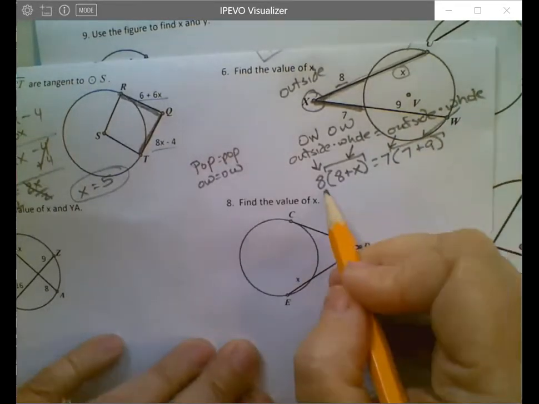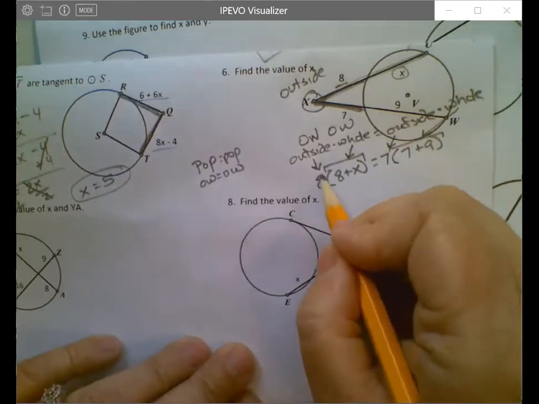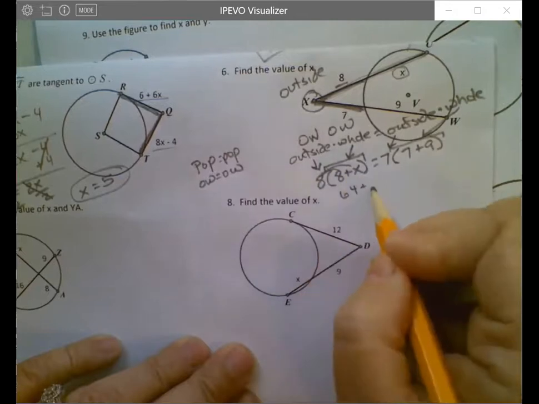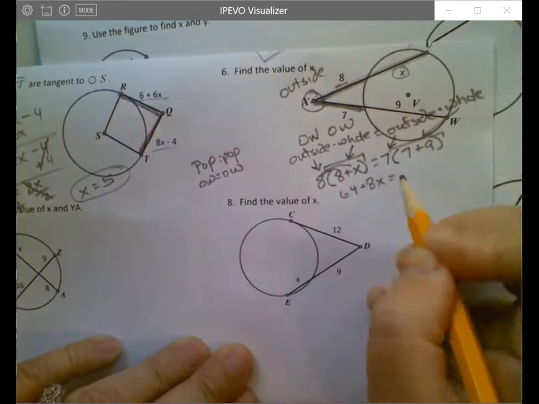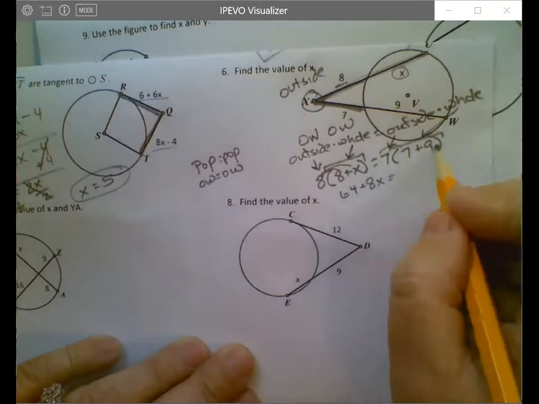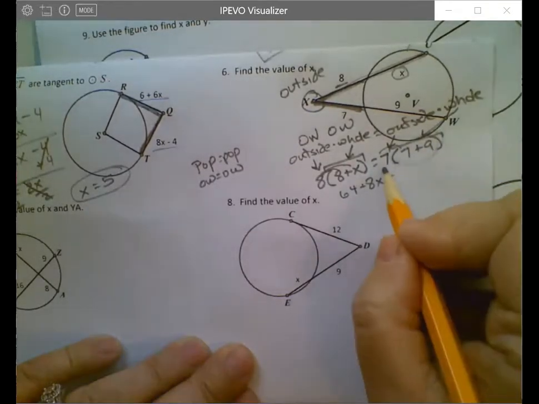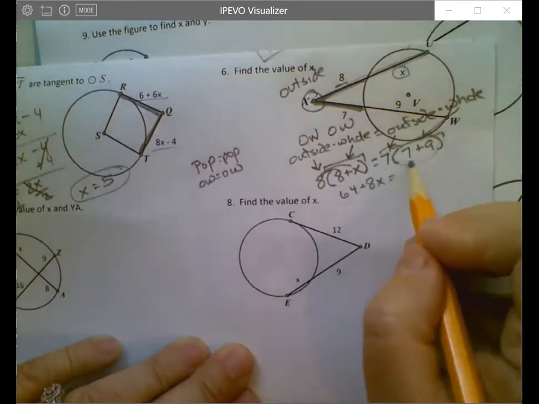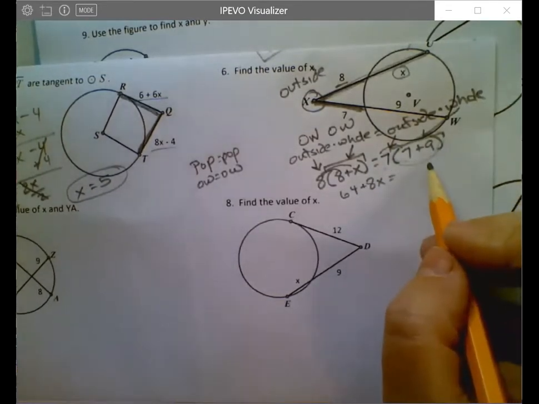All right, so I'm going to distribute here. That's going to give me 8 times 8 is 64, plus 8 times x is 8x, equals, and then 7 times, well, I could add this first and then multiply, or I can multiply distributing the 7 through and then adding the two numbers together.